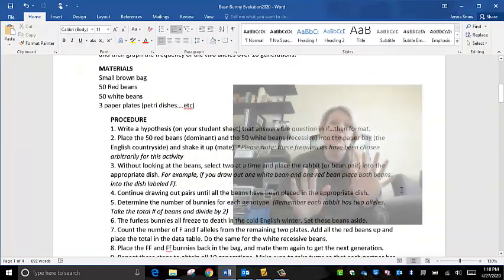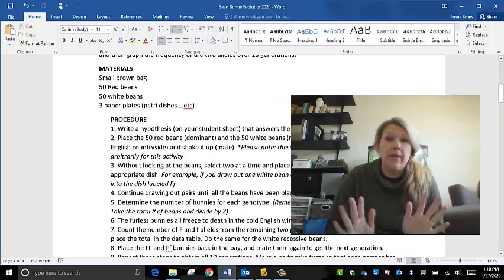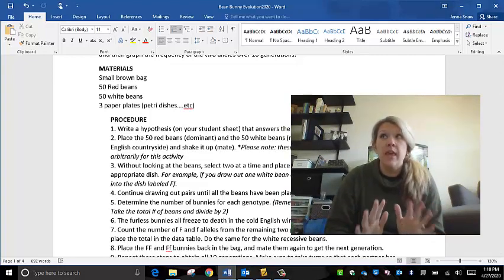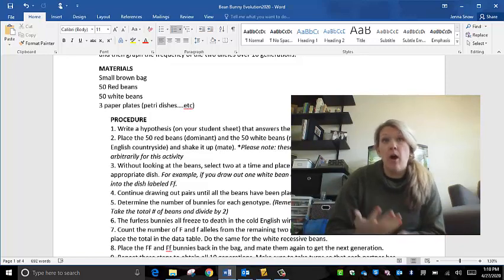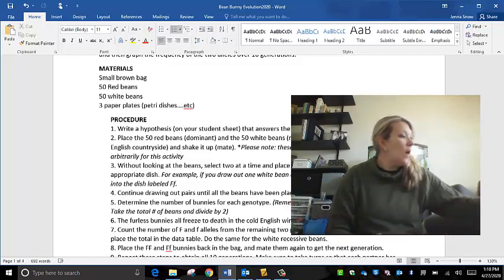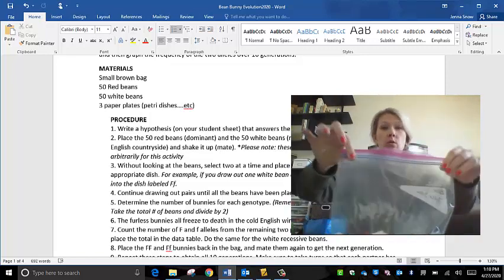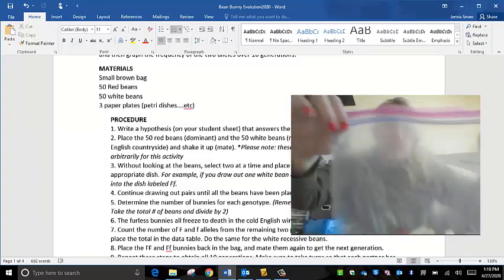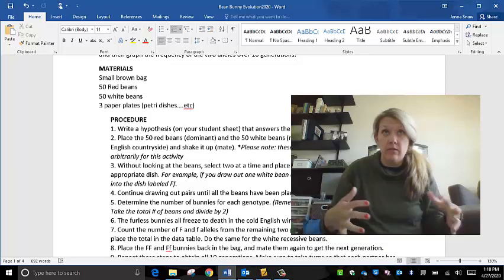Now the materials, you're just going to have to look around your house and find things that will work, okay? So in my house, I didn't have a small brown paper bag, so I am using an old Ziploc baggie, and whatever you choose just needs to be able to hold your alleles.